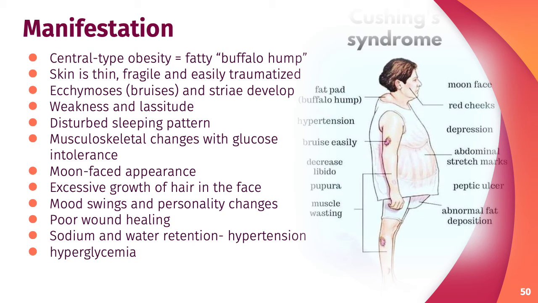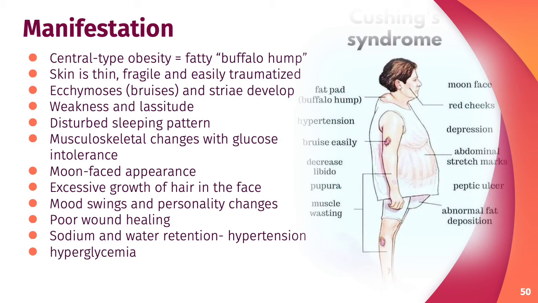Glucocorticoid excess also inhibits fibroblasts, resulting in loss of collagen and connective tissue. Thus, we have thinning of the skin, abnormal stretch marks, easy bruising, poor wound healing.